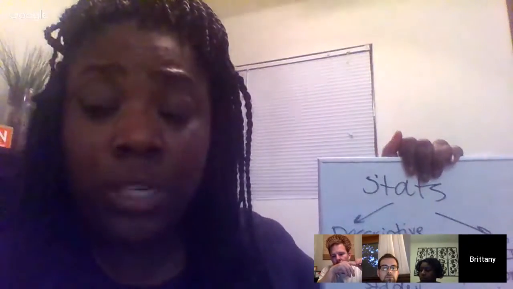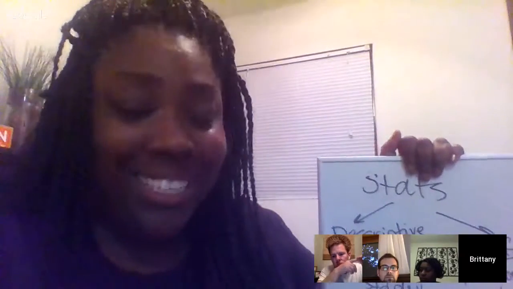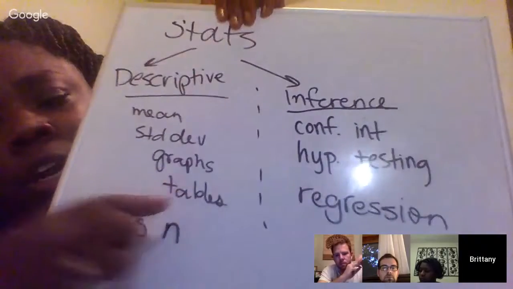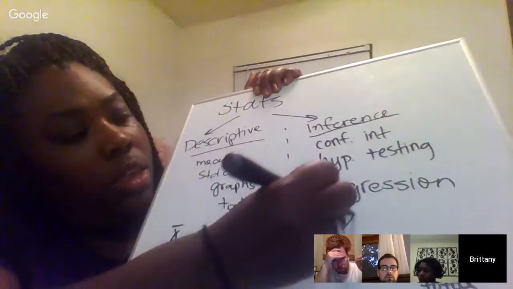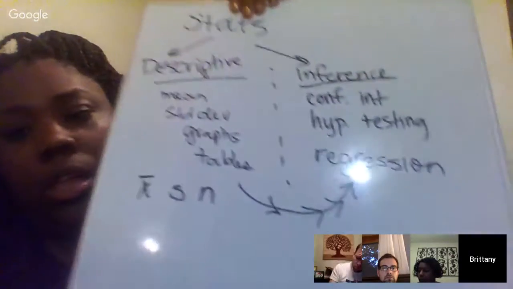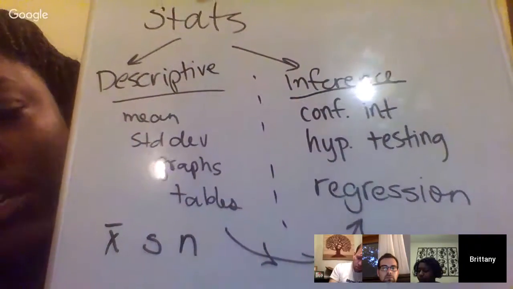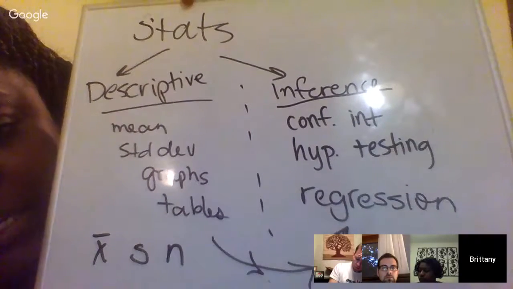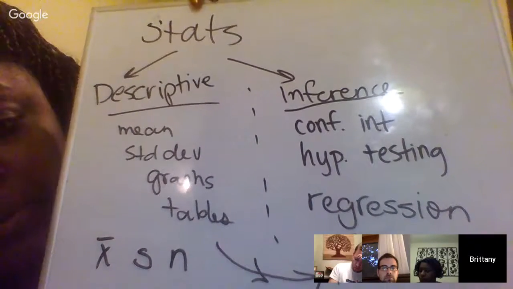Because we don't actually calculate them by hand, it's good to understand conceptually what they are. And so it's kind of a flow chart going in this direction. We use our descriptive statistics to build our inference.